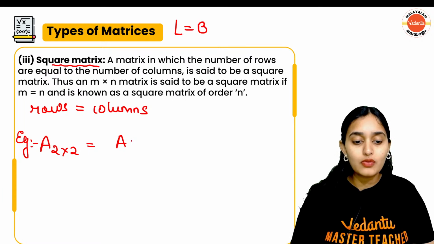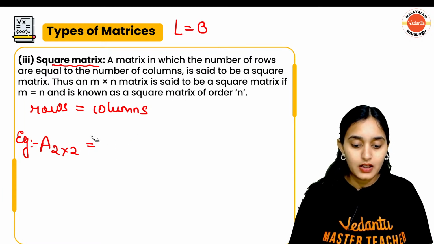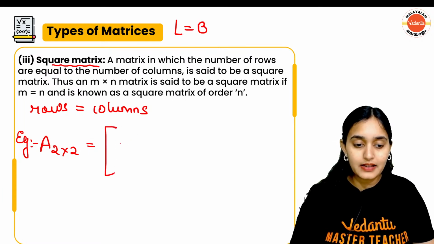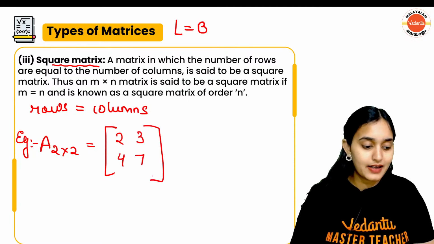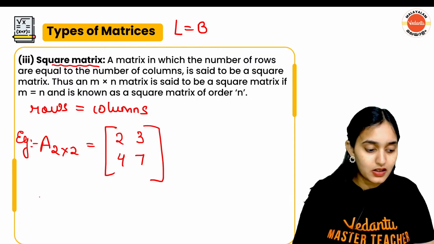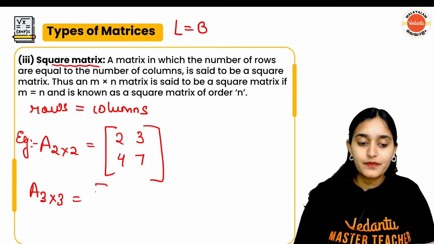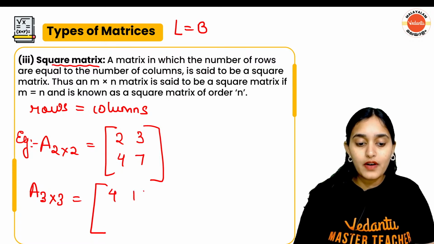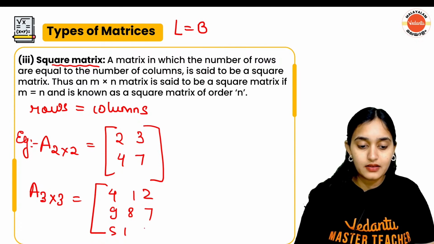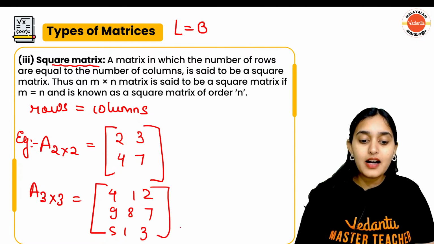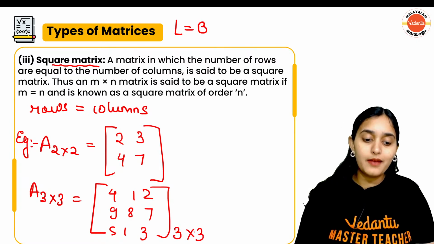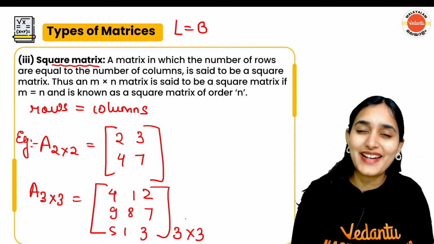So a 2 cross 2 matrix looks like this. For example, 2, 3, 4, 7. It is a square matrix. Very good, Sanju. For example, a 3 cross 3 matrix. It is again 4, 1, 2, 9, 8, 7, 5, 1, 3. This is 3 rows, 3 columns. So it is a square matrix.